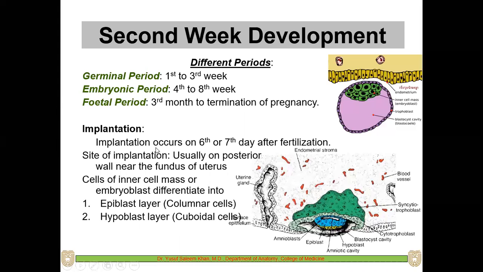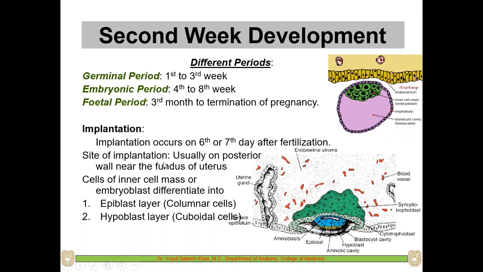So implantation, as you know, occurs on the 6th or 7th day after fertilization. This eroding of the blastocyst and getting into the wall of the uterus is called implantation.